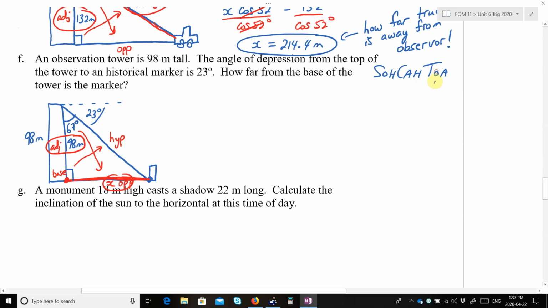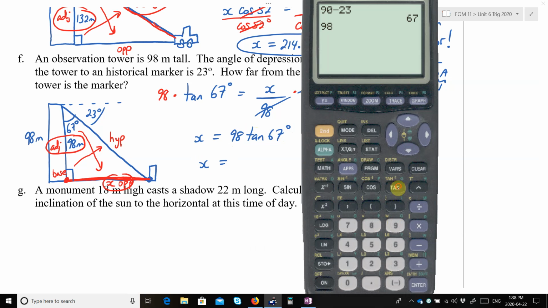Opposite and adjacent. SOHCAHTOA. Opposite and adjacent comes from tan, so we go tan 67 degrees equals the opposite is x and the adjacent is 98. Multiply both sides by 98. x is equal to 98 times tan 67.